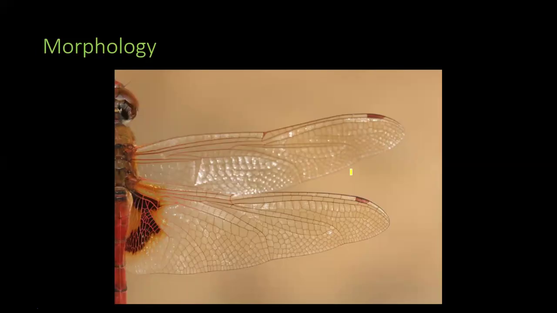Both wings, the front wing and hind wing, have a dense area towards the tip of the wing, which we know as the pterostigma, or sometimes the wing spot as well. But in technical terms, we call this the pterostigma.